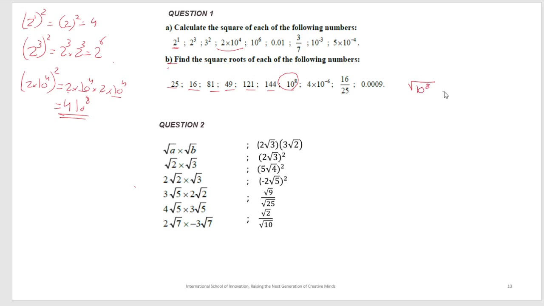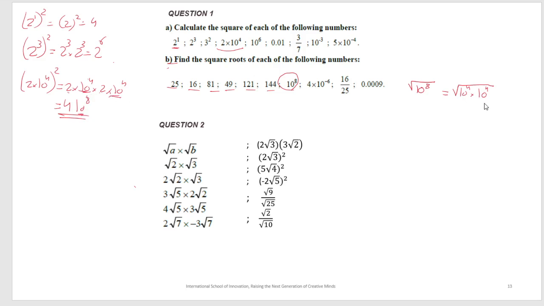Radical 10 power 8 is radical of 10 power 4 times itself, 10 power 4. You saw it: 10 power 4 times 10 power 4 is 10 power 8.